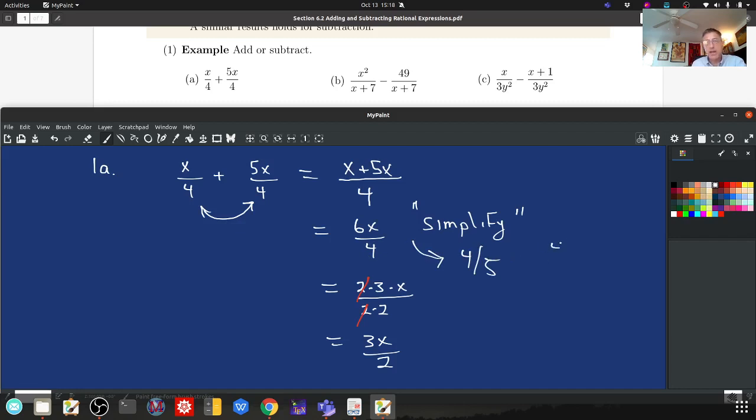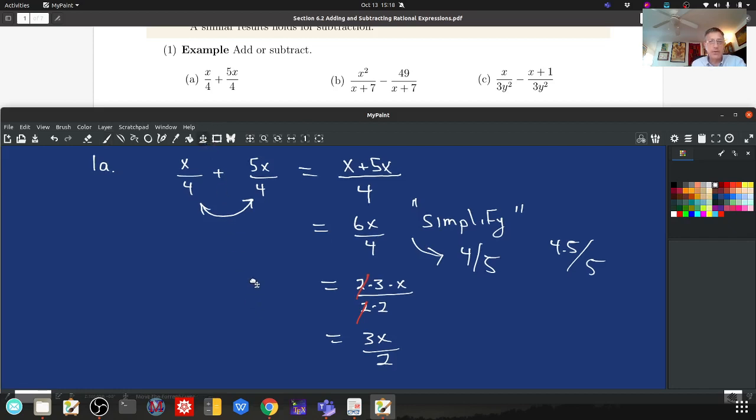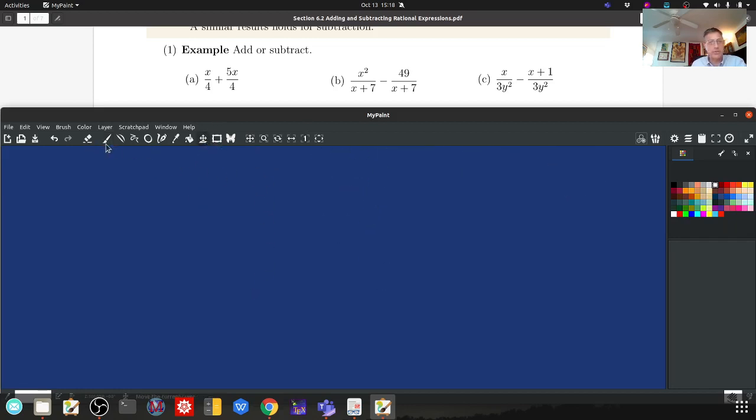There is no way I would give you anything greater than 4.5 out of 5 because it's just a piece of cake. For other questions that are a little bit more difficult to simplify, or the simplification is not obvious, I take that into account when I grade.